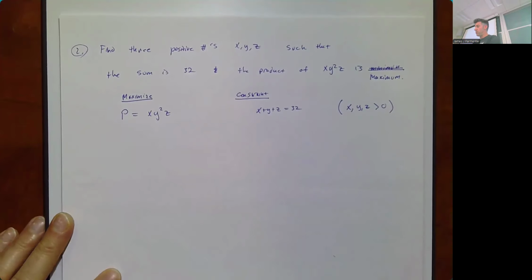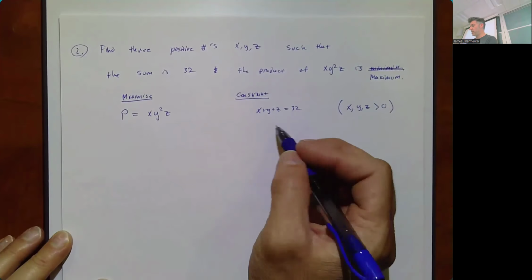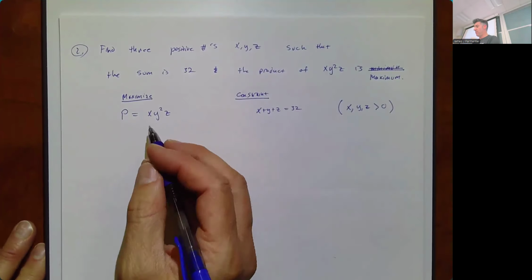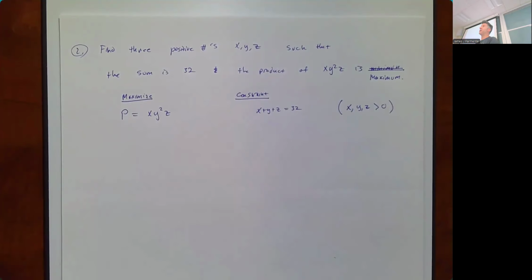All right, so then what we usually do is we take this equation, isolate one of the variables, and plug it into this. For me, I wouldn't isolate Y here, because I would prefer not to have to do 32 minus X minus Z squared. So usually you want to pick the thing that's going to be the easiest one to plug into the other equation. Here, X or Z would make sense.